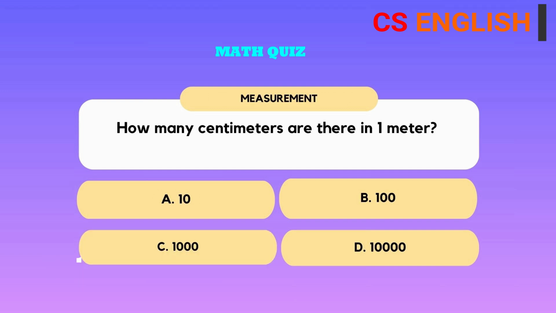Measurement. How many centimeters are there in 1 meter? A. 10, B. 100, C. 1000, D. 10,000.